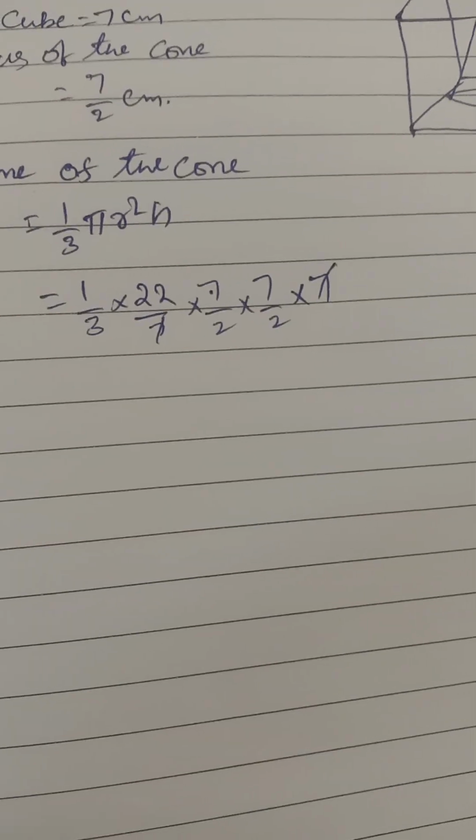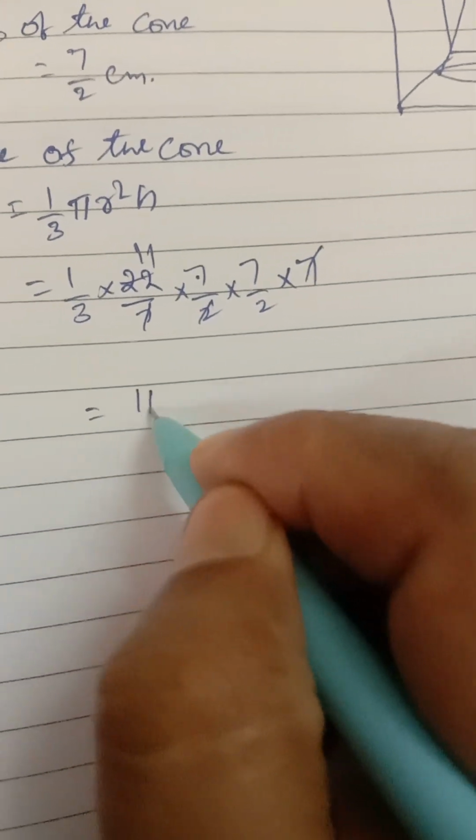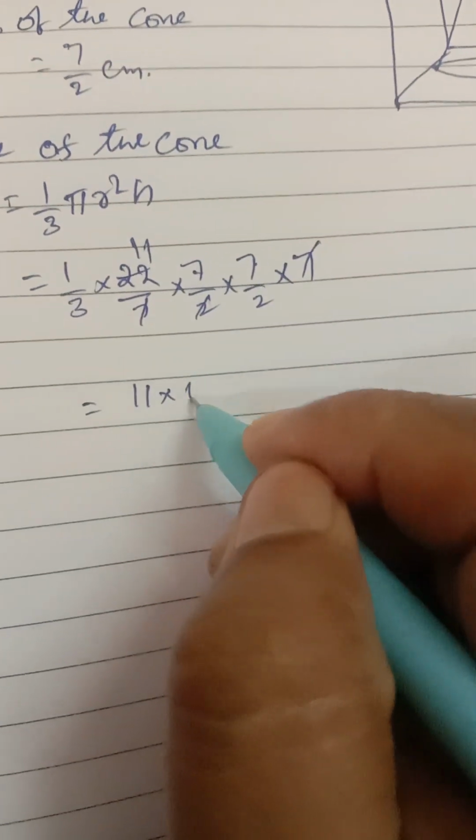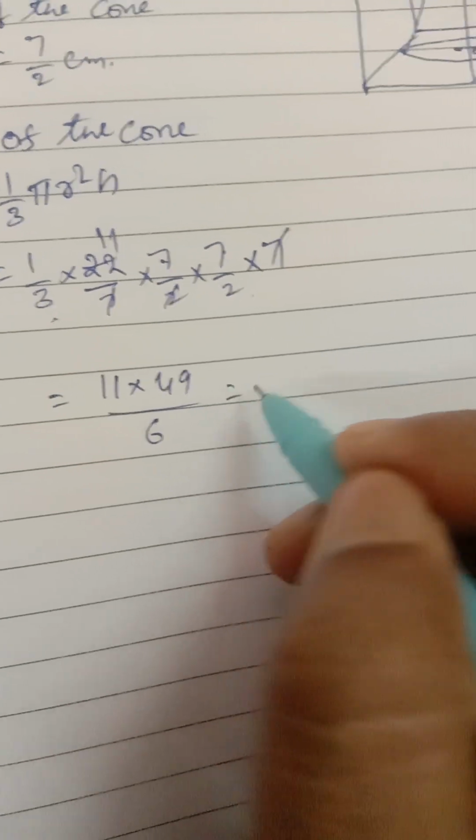Cancel. 2 11s are 22, 7 7s are 49, by 3 into 2, 6.